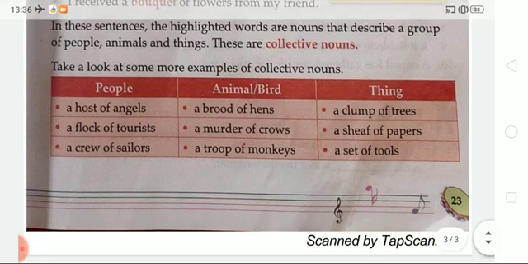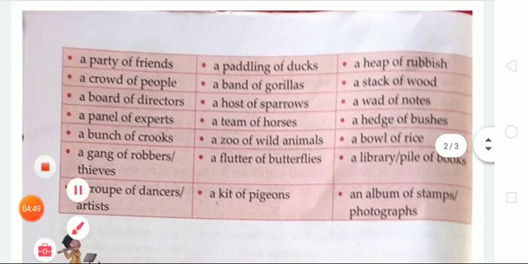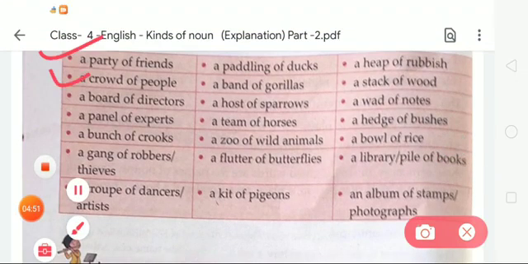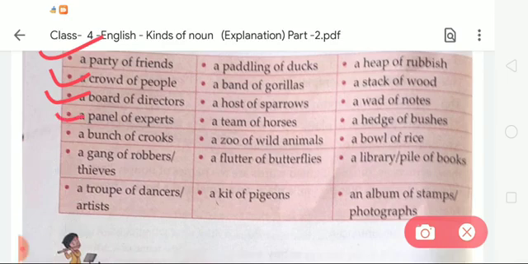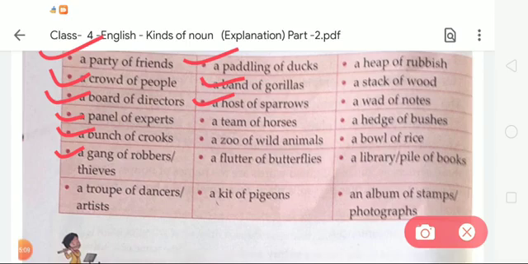There are many more examples given on the next page, page number 24. You have to read the given words. In the people category, there is a party of friends, a crowd of people, a board of directors, a panel of experts, a gang of robbers, thieves, a troupe of dancers, artists. In animals or birds, a paddling of ducks, a band of gorillas, a host of sparrows, a team of horses, a flutter of butterflies.